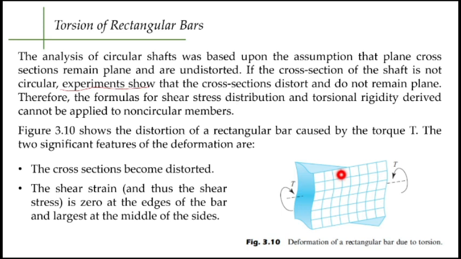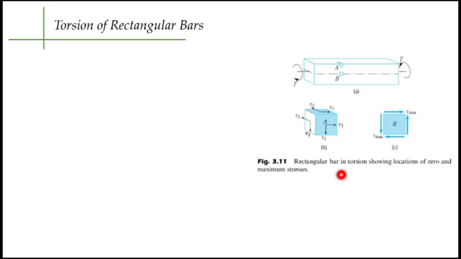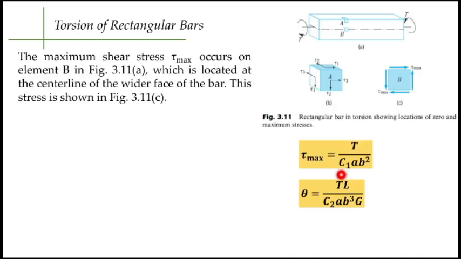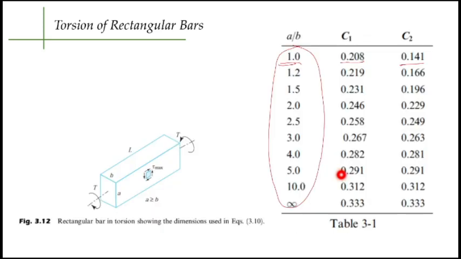So C sub 1 and C sub 2 are not just random numbers, but they were obtained via tedious experimentation. Therefore, in solving torsion of rectangular bars, you don't have to memorize table 3-1. In the questionnaire itself, table 3-1 will be available.